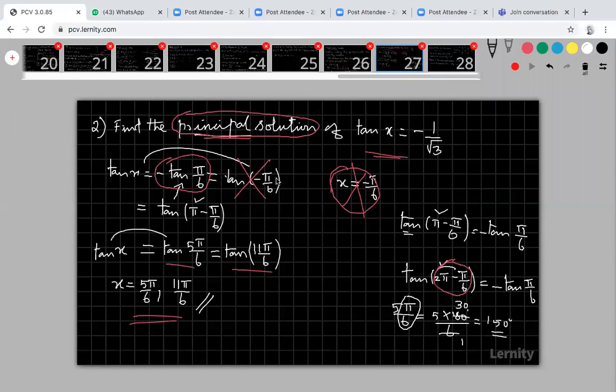One student is asking about tan of minus pi by 6. Dear student, look at that. I have already written minus tan pi by 6 is tan of minus pi by 6. If you write tan x is equal to tan of minus pi by 6, then x is equal to minus pi by 6, but your x is not a principal solution.